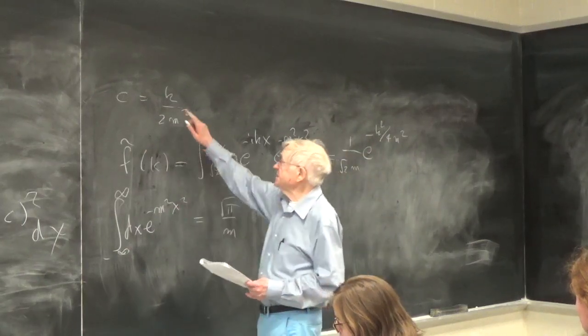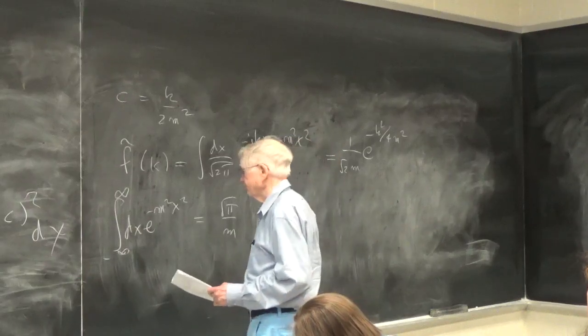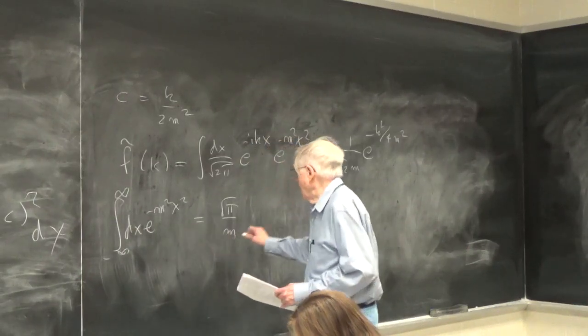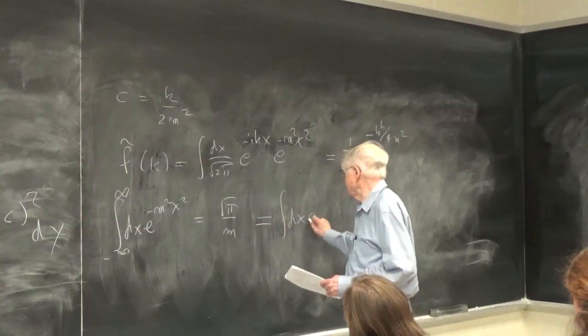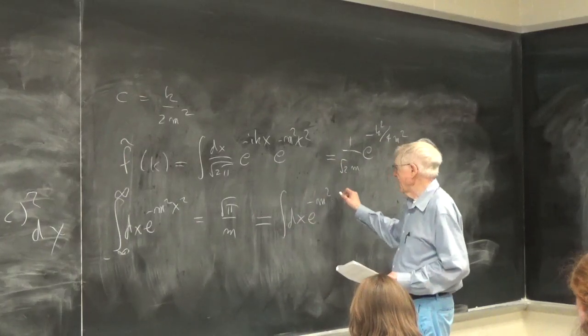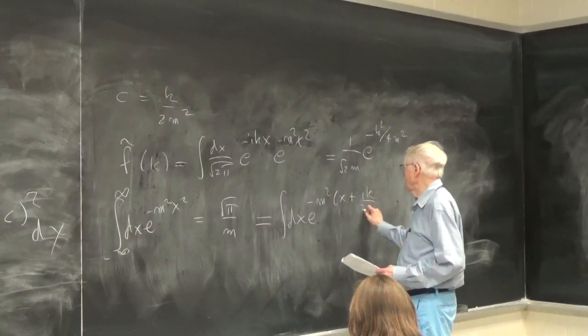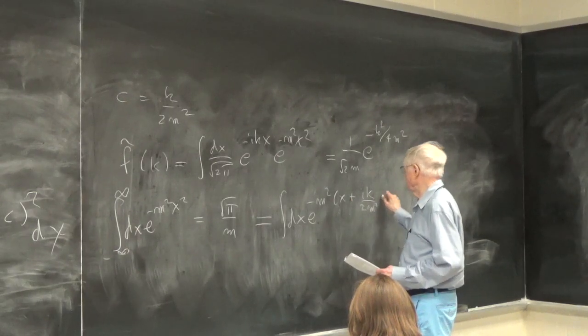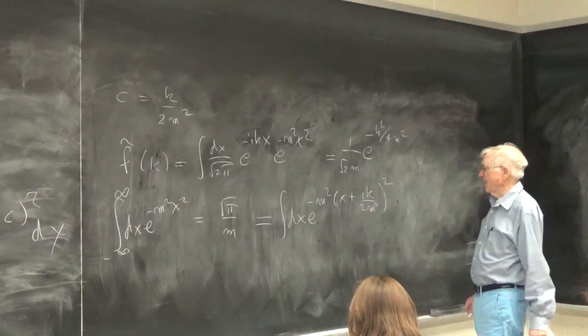If we let c be k over 2m squared, then this formula is dx e to the minus m squared (x plus ik over 2m squared) squared, and that's equal to that.